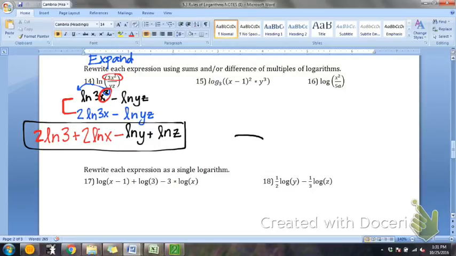Okay, I think doing a couple more will be helpful. Let's look at 15. We have a lot going on in 15. The first thing I would notice is that it's a multiplication problem. Multiplication turns into what? Addition. Okay, so let's split these things first into an addition problem. Do that first.